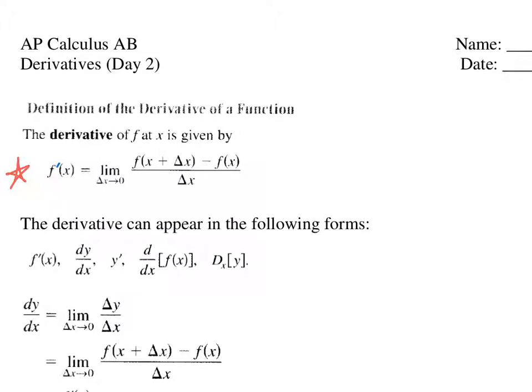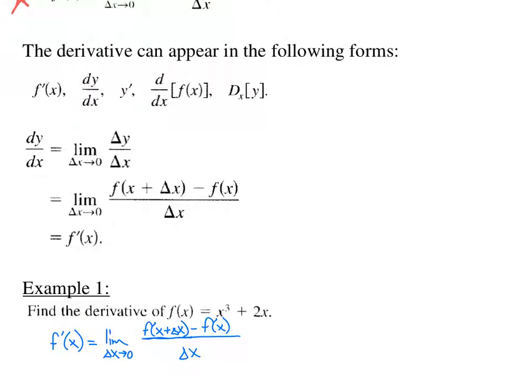Now, just to develop this, remember what we're doing here is that the derivative of y with respect to x is the limit as delta x approaches 0 of the slope, change in y over change in x. So you have the definition that we gave you up there. That's also known as f prime of x.